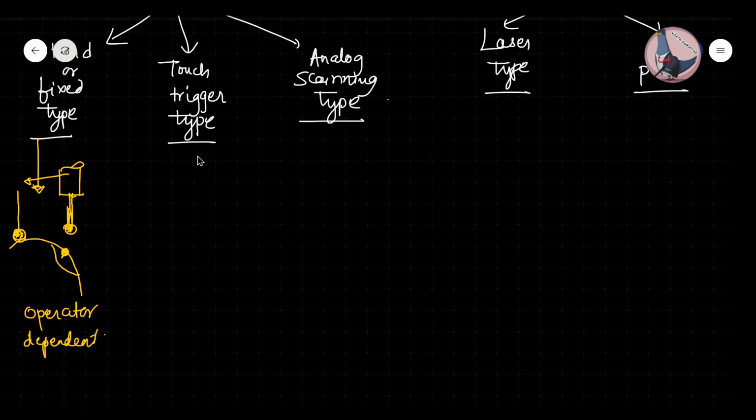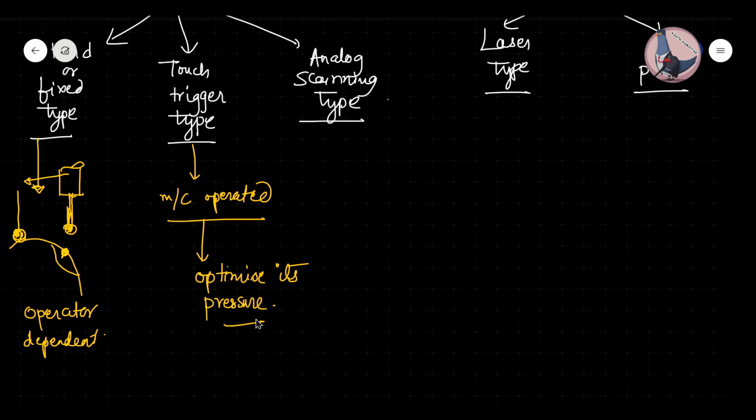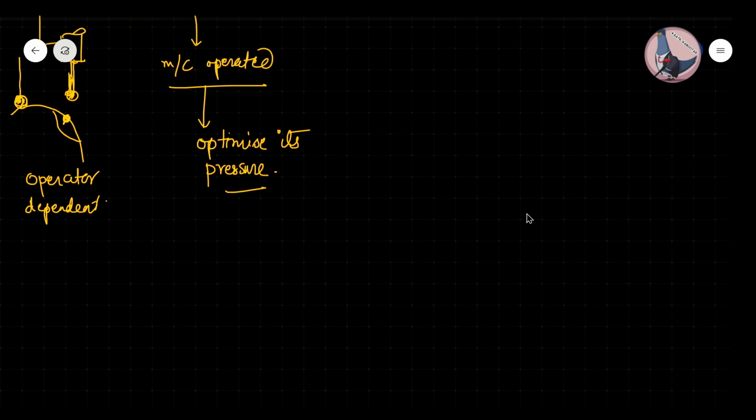Fine. In touch trigger, this is entirely machine operated. In this, the machine will itself optimize its pressure. So when the machine is optimizing its pressure, there is no such issue of deformation.